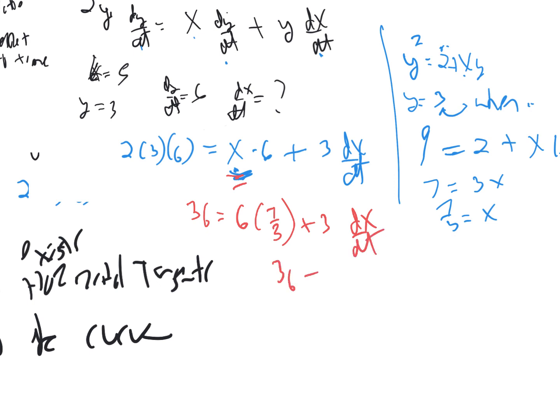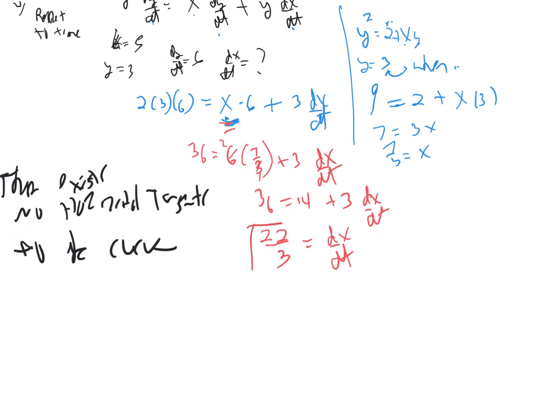That's 36 equals 14 plus 3 dx/dt. 36 minus 14 is 22, I think. And then I divide it by the 3 equals dx/dt. And I'm going to leave it because that's all he was asking for.